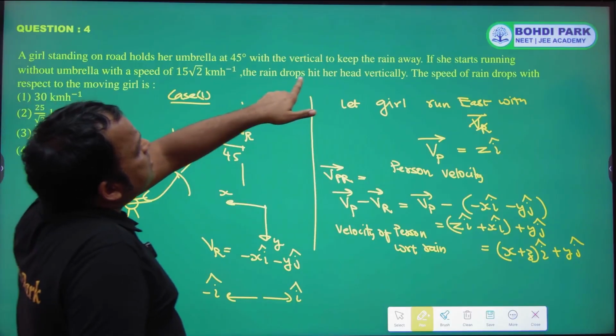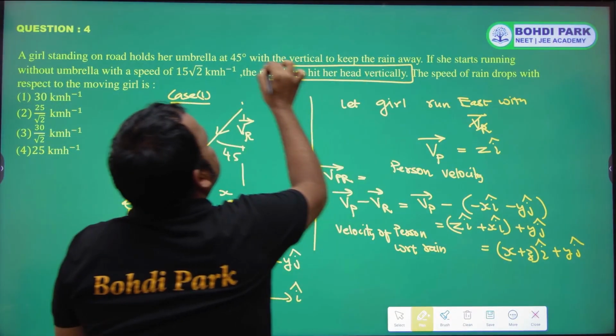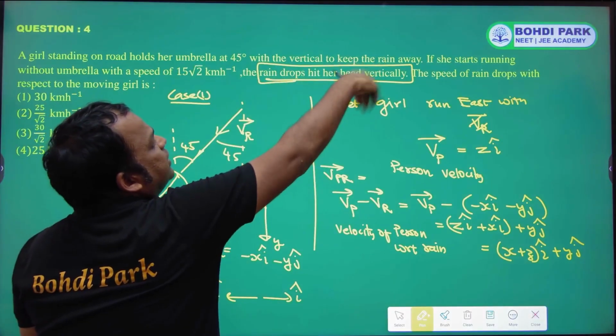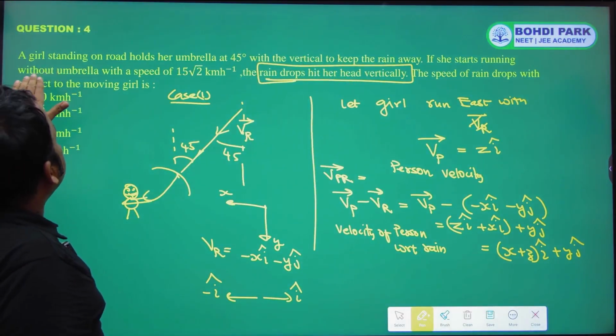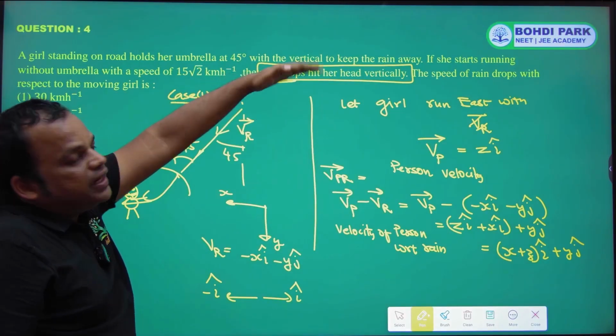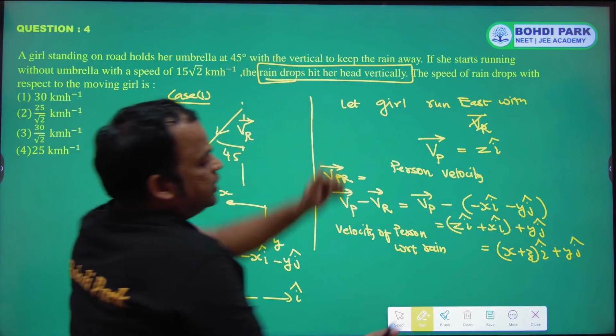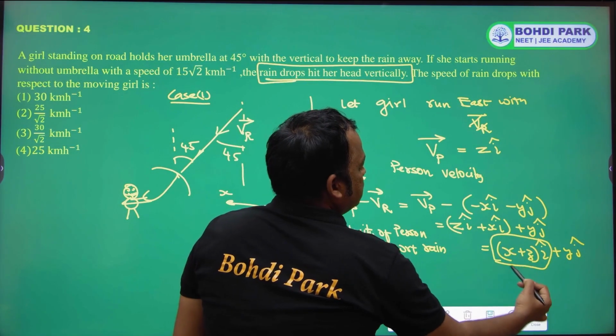Now the raindrops hit her head vertically. So this is the relative velocity, and the direction of relative velocity is vertical. When the running girl sees the raindrops hitting vertically, it means the x component is 0.